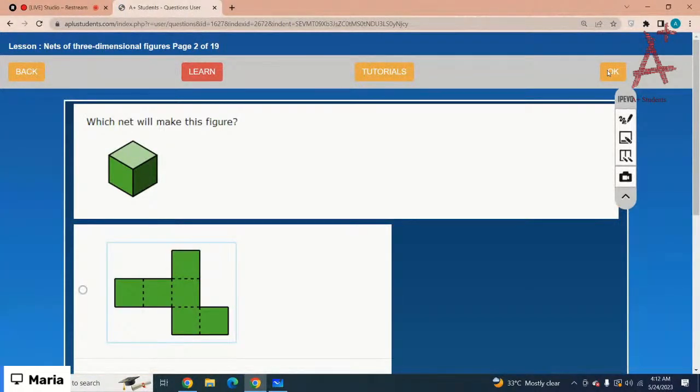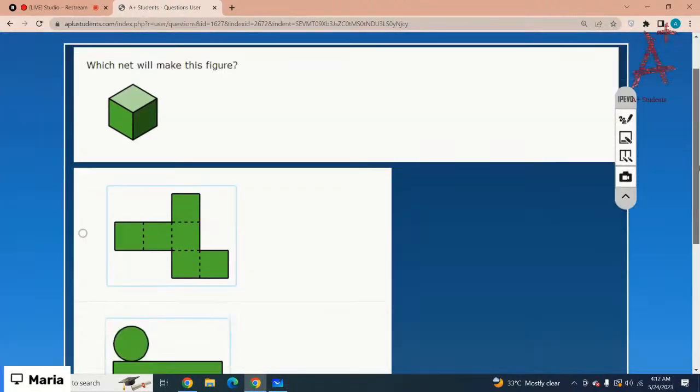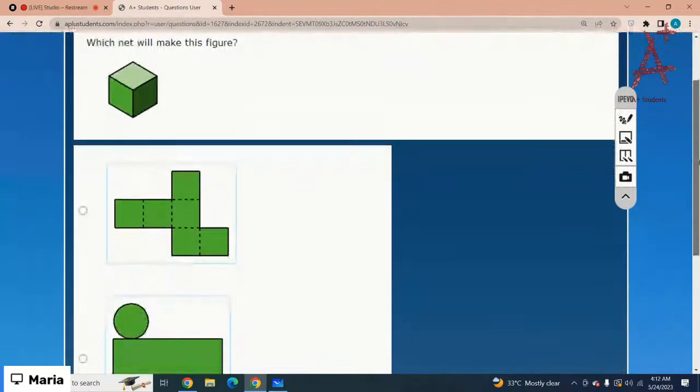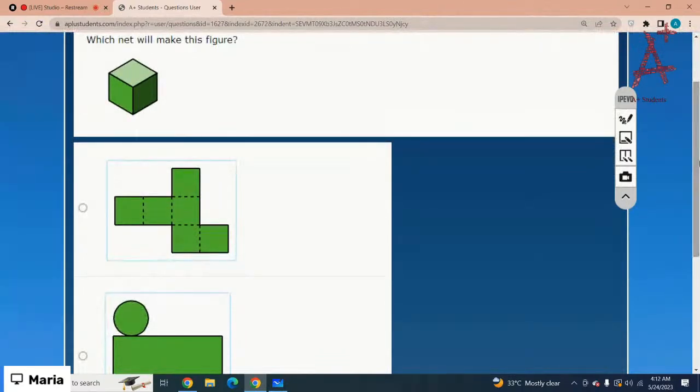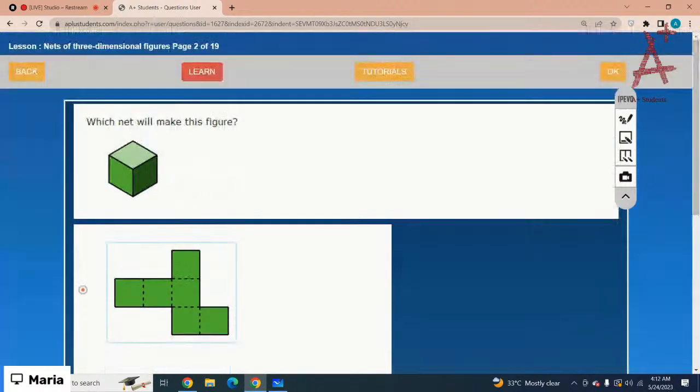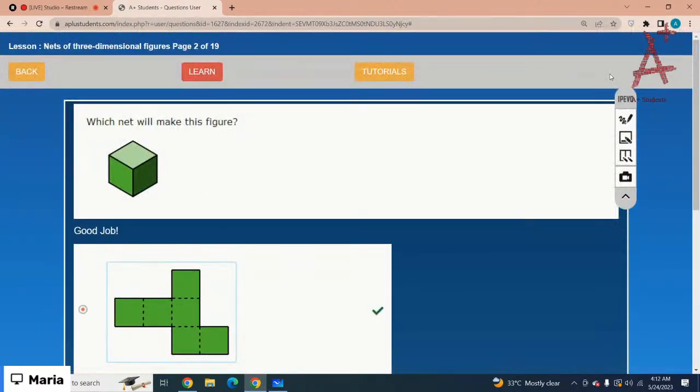Okay, which net will make this figure? So which is the correct option? One or two? It would be the first one because that is a cube. So cube has all sides.